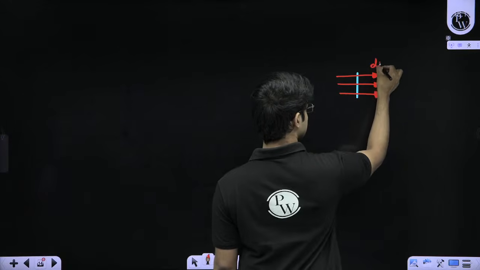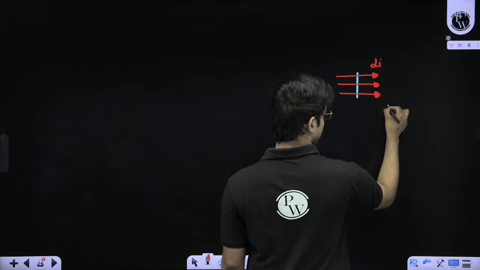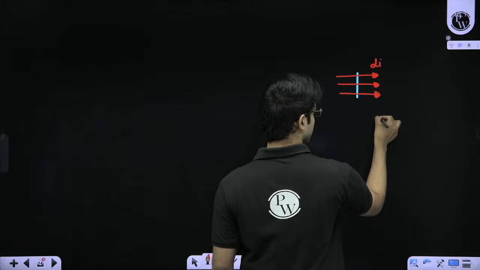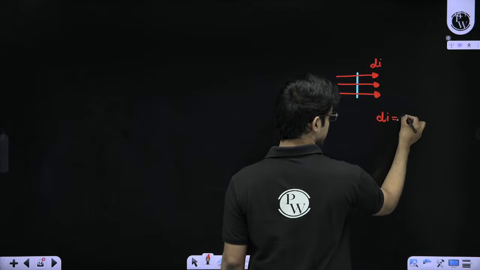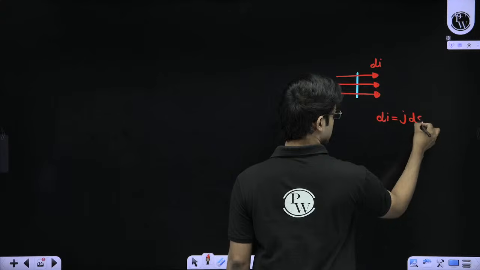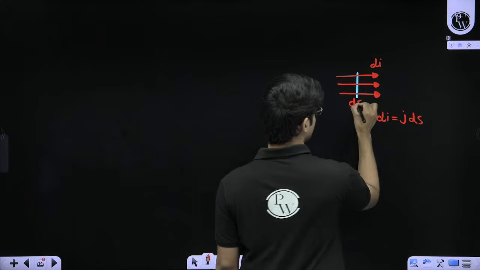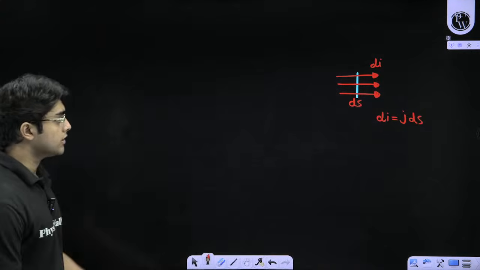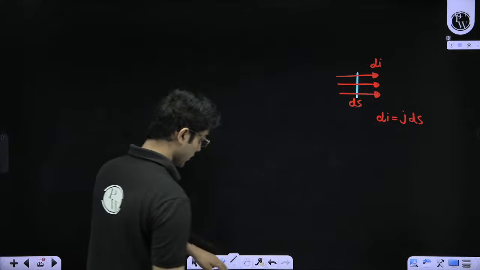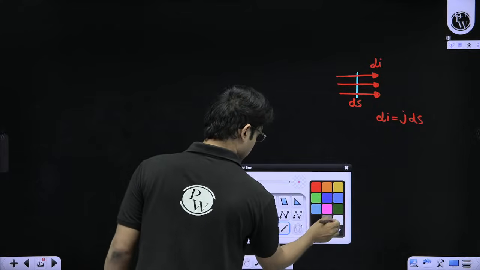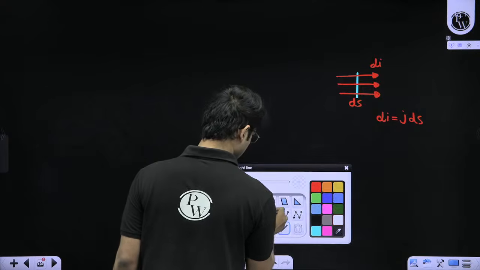In these cases, we were able to write di as J into ds, right? Now, what if the current does not cut the area perpendicularly? That is what we are going to see next, okay? Then there is a slight modification.